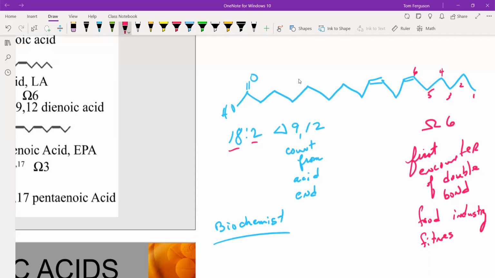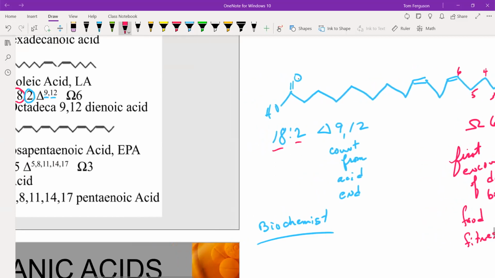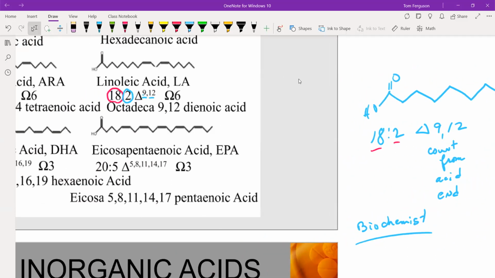Okay, you also need to know the name of this one. To name it, it's going to be octadeca, that's 8 plus 10, 9, 12 dienoic acid, and I'm going to put dashes in there too. The abbreviation for linoleic acid is LA.